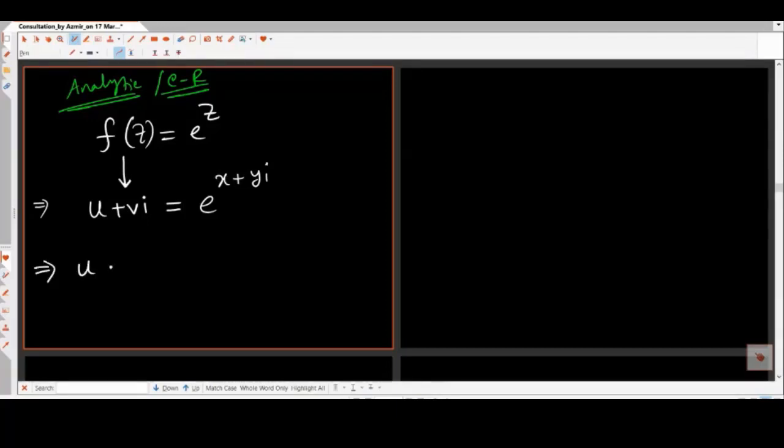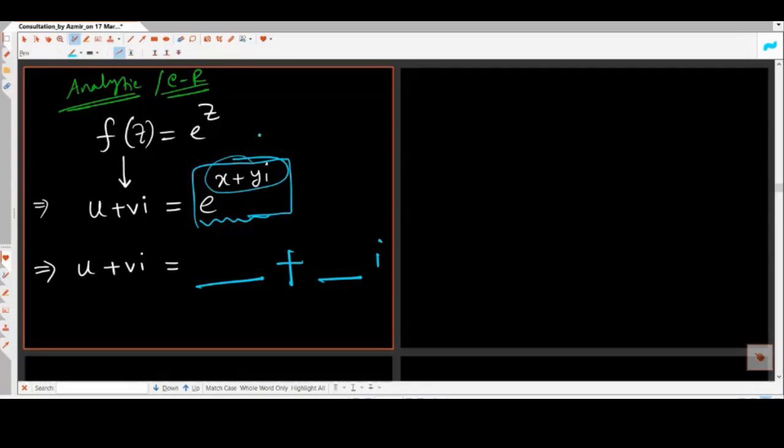So u plus vi. Now we need to simplify this one so that we have u plus vi. Whatever form we have on the right side is not in u plus vi.